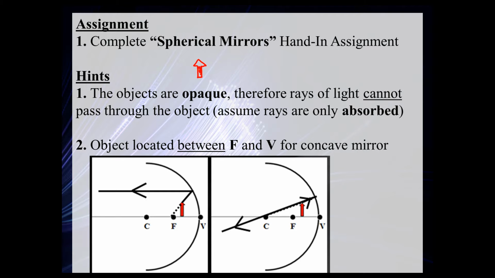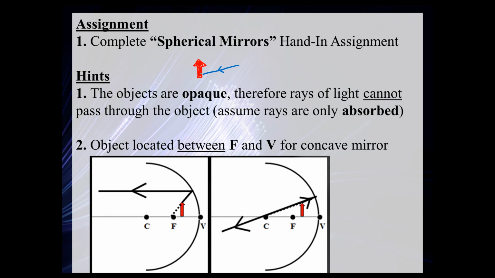An opaque object is something that light cannot pass through. So when you're drawing your ray diagrams, let's say, for example, that you had a ray of light that hit a mirror and it came back like this. If the object is opaque, then that ray stops right there. Okay, you don't draw it going any further back.